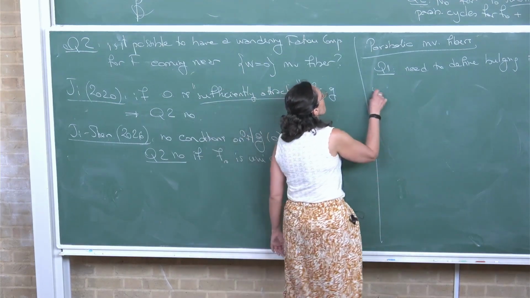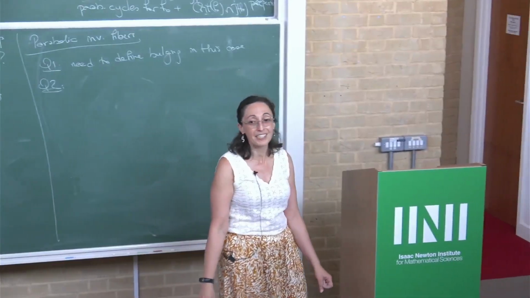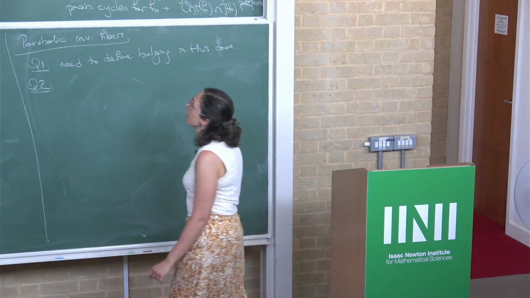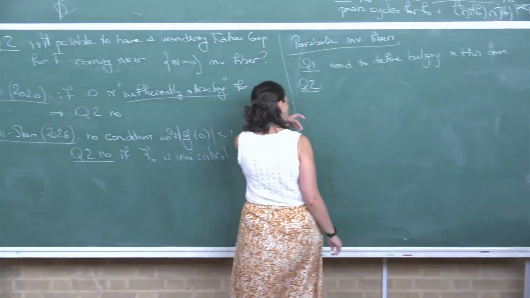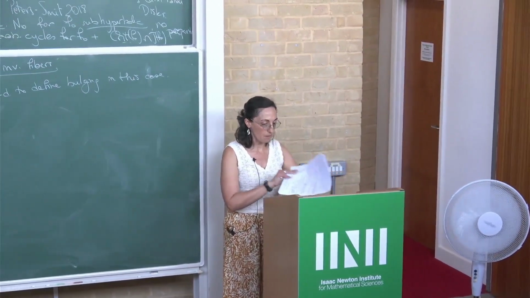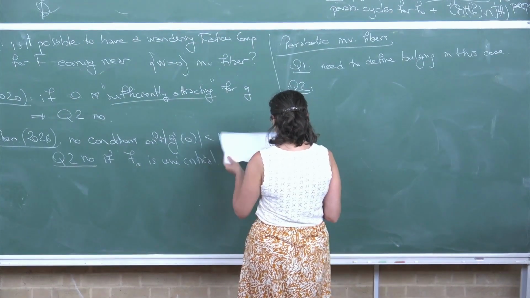Okay, so what about question 2? Well, actually, question 2 is exactly related to parabolic implosion. Why? I'm going to write on the board, then I maybe stop with that. I will tell you just one word about it.